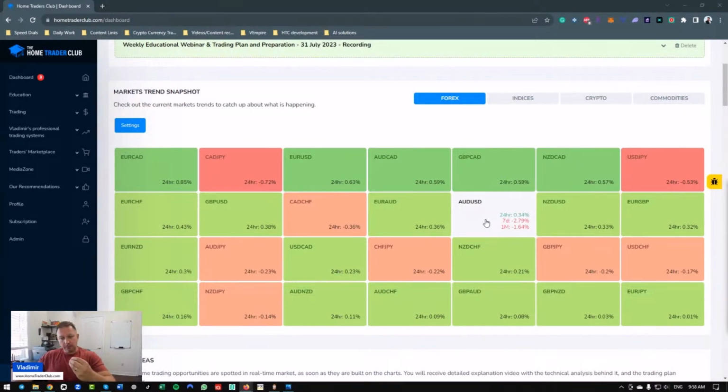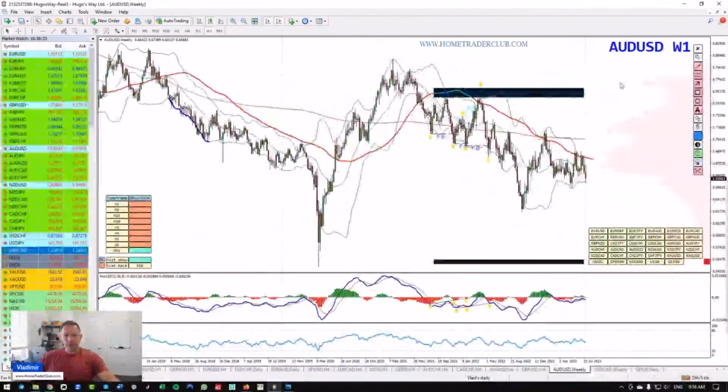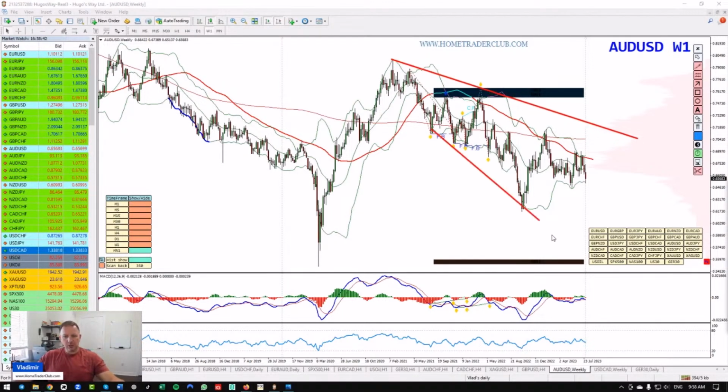Now let's see if we can combine that with the chart, and then you'll see where the opportunities come. So take a look at the weekly chart. What do we have on the Aussie dollar? First of all, at the moment, it's pretty obvious bearish momentum.